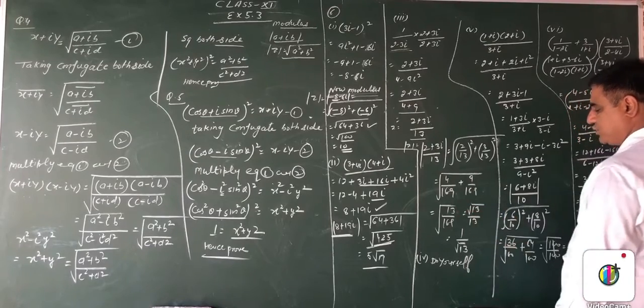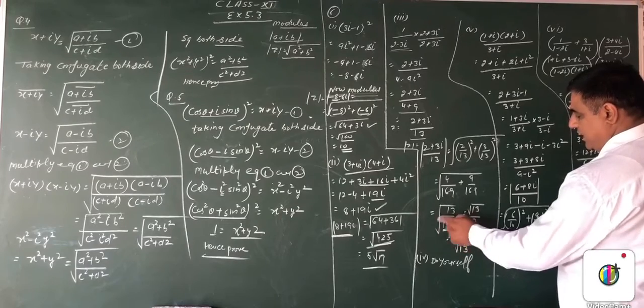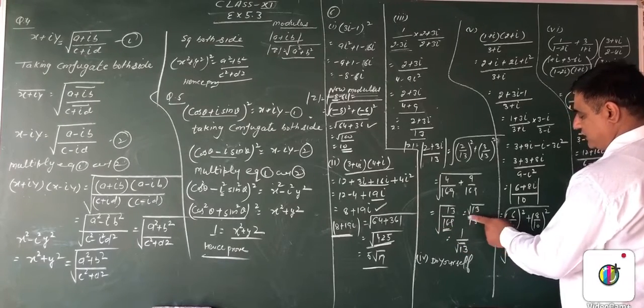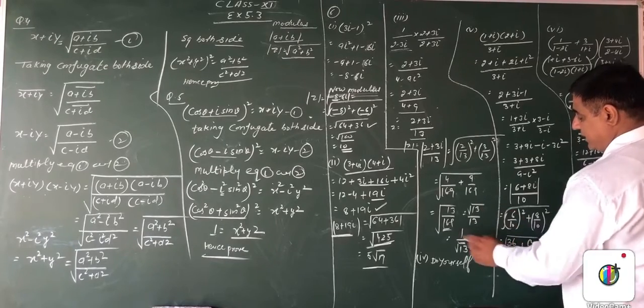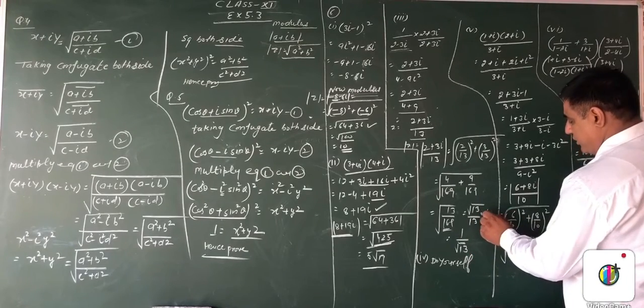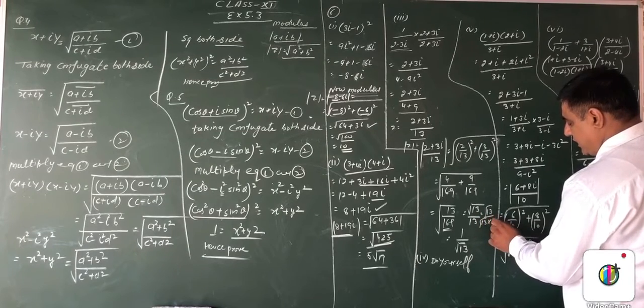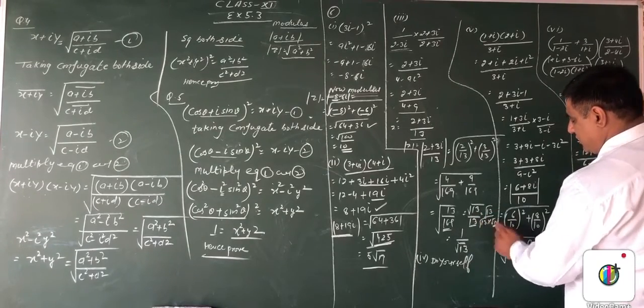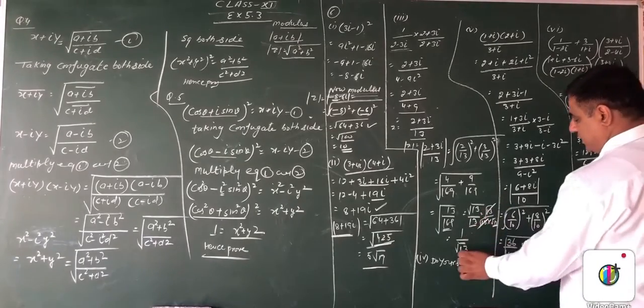Now we take the square root of both terms: root 13 over the square root of 169, which is 13. Now we rationalize this term, root 13 by 13. We write 13 as square root 13 multiply square root 13. This term cancels, so we get 1 by root 13.